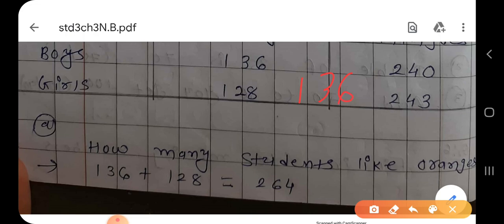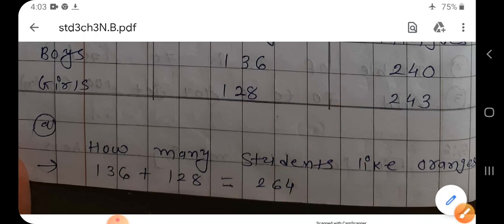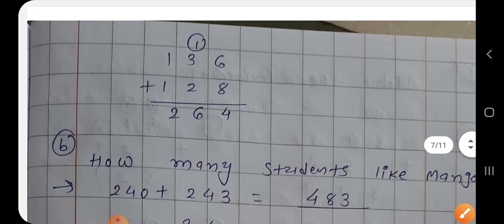So 136 plus 128. 6 plus 8 is 14. So 4 here and 1 carry. 1 plus 3, 4. 4 plus 2 is 6. Then 1 plus 1 is 2. So the answer is 264. So a total of 264 students like oranges.